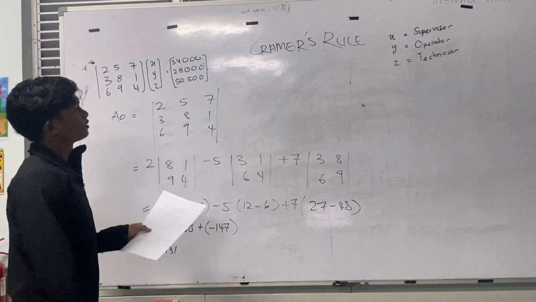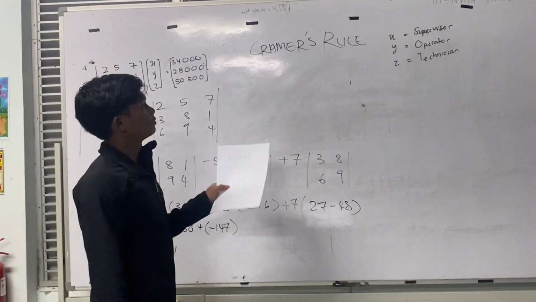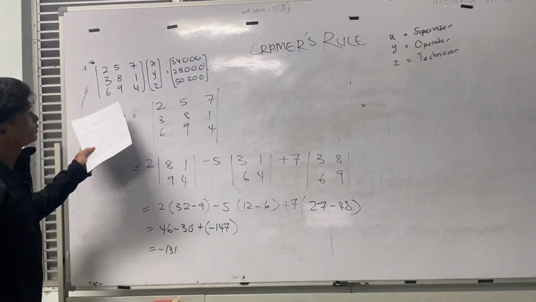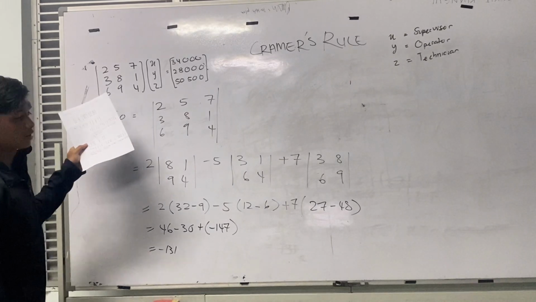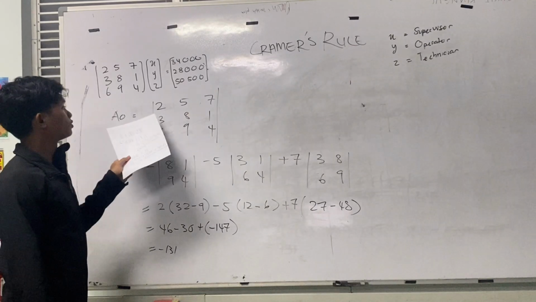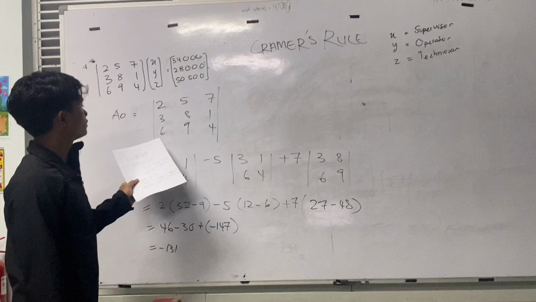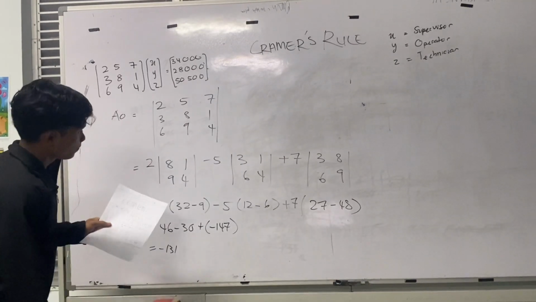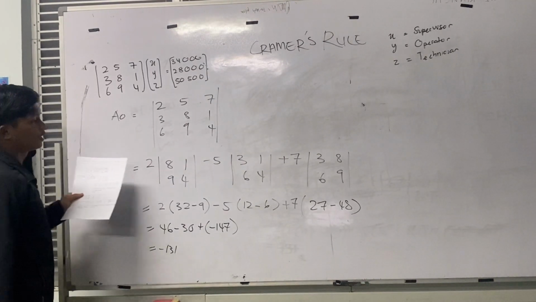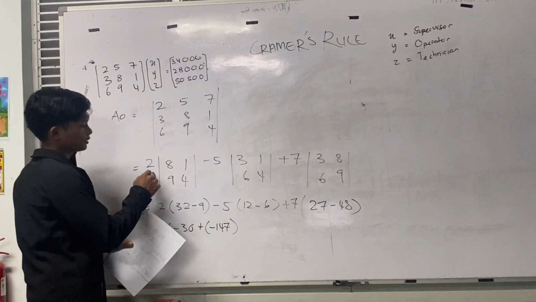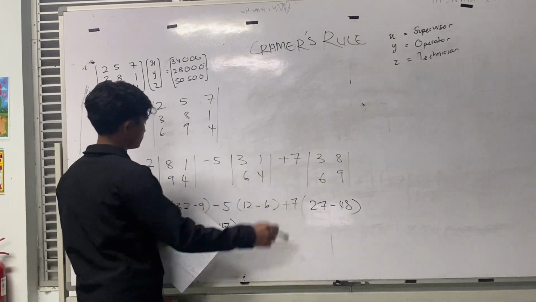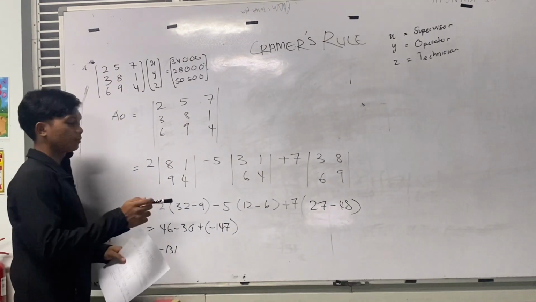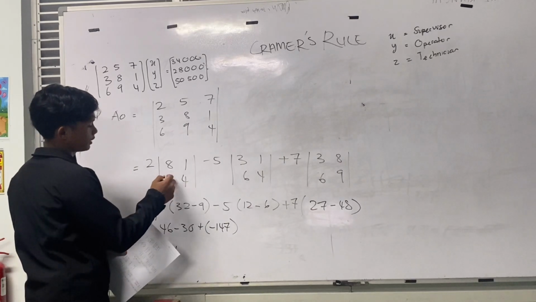Now I will introduce Cramer's rule. So just copy what we got: 2 5 7, 3 8 1 and 6 9 4. In Cramer's rule, we will use the method plus, minus and plus. So 2 will be multiplied with AD minus BC.